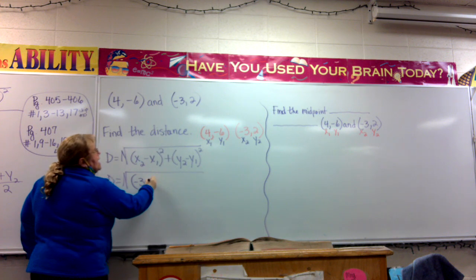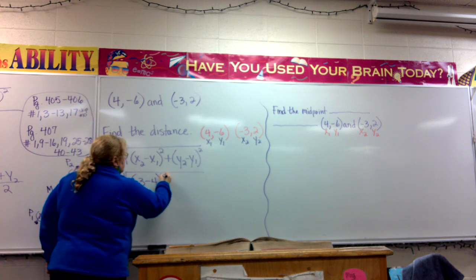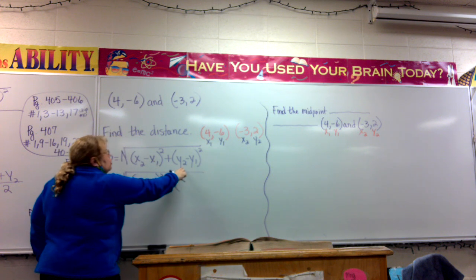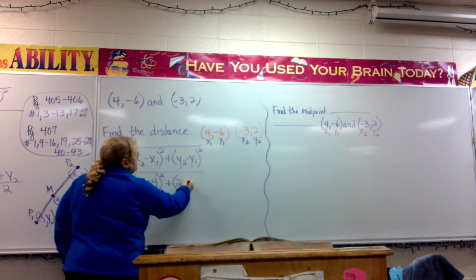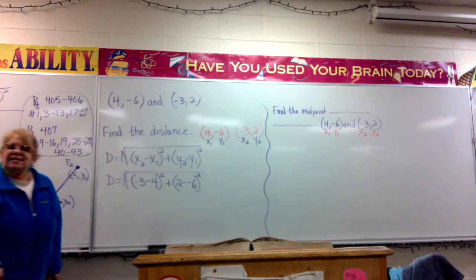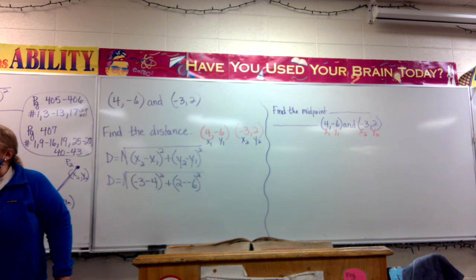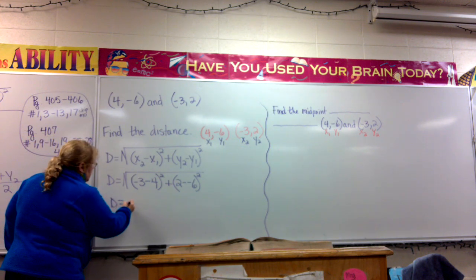What's X2? -3, take away 4? Yep. Squared. And then I have Y2 is take away -6 squared. And if you remember the please excuse my dear Aunt Sally, what do you do first? Parentheses.